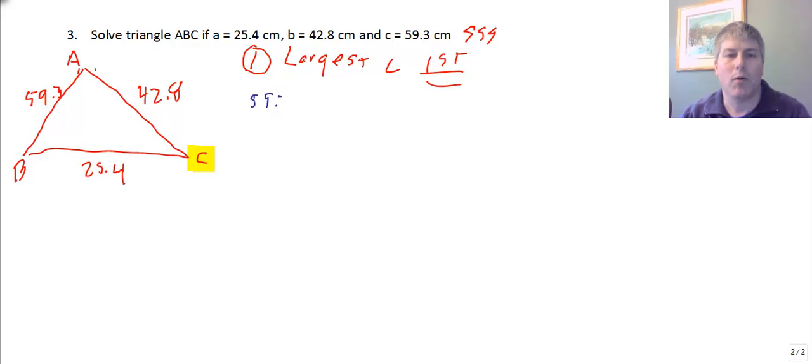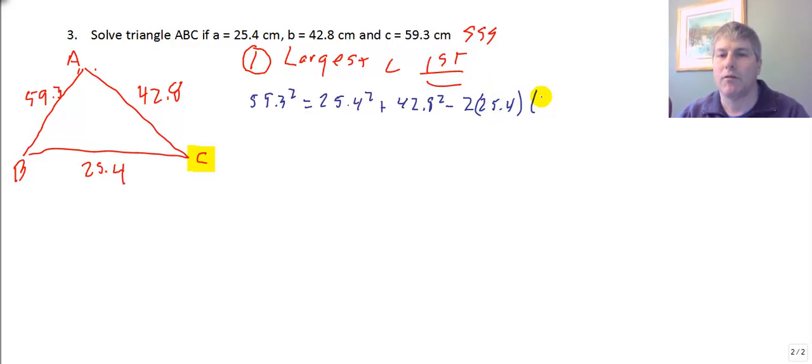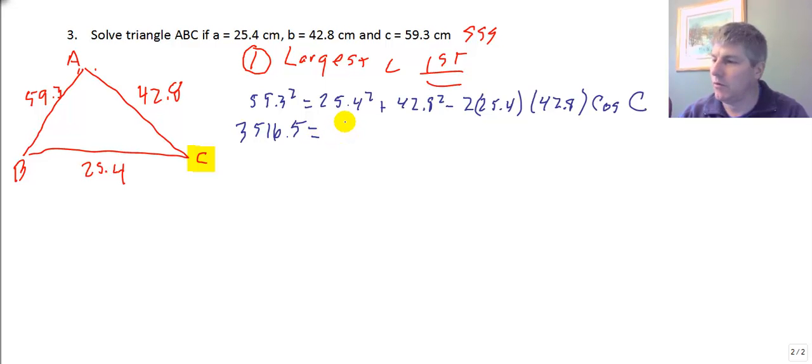So 59.3 squared equals A squared plus B squared, 25.4 squared plus 42.8 squared, minus 2 times 25.4 times 42.8 cosine of angle C. So 59.3 squared is 3,516.5 equals 2,477.